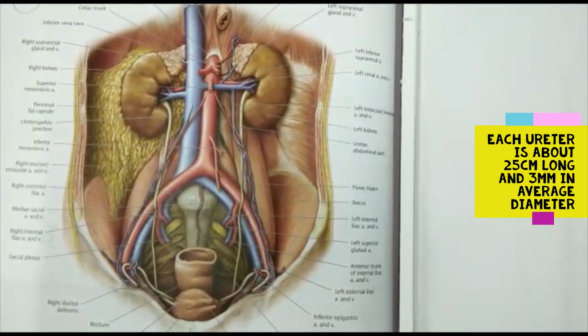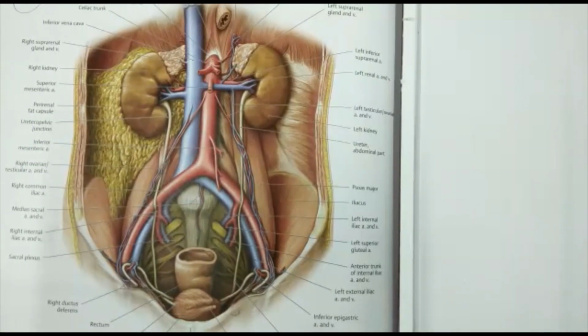So one day a young man comes to the emergency OPD and complains of severe abdominal pain in the left flank. What could be the diagnosis? Pain in the left flank.